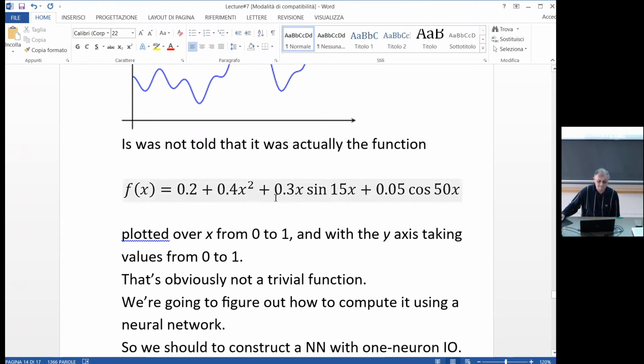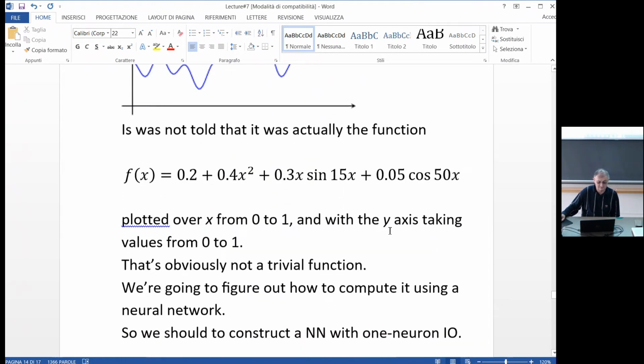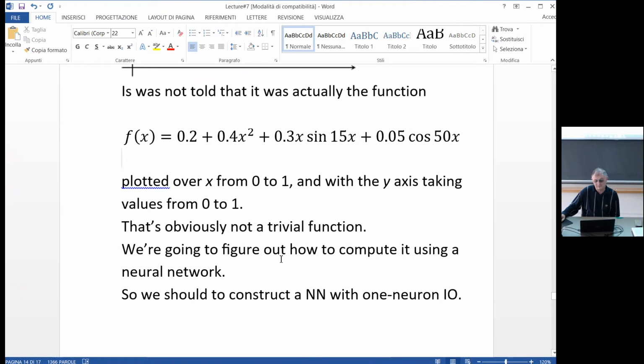So obviously it is not a trivial function, it's a rather complicated function. We are going to figure out how to compute it using a neural network. So we should construct a neural network with one neuron input and output.